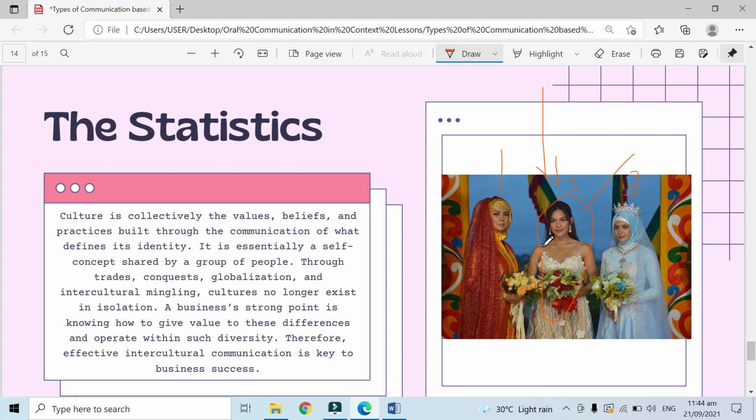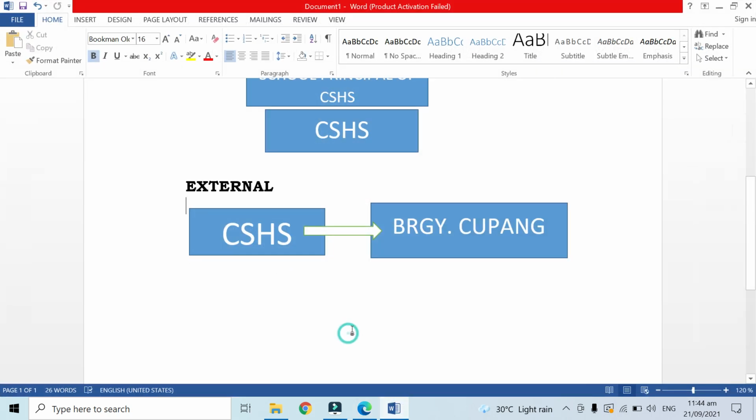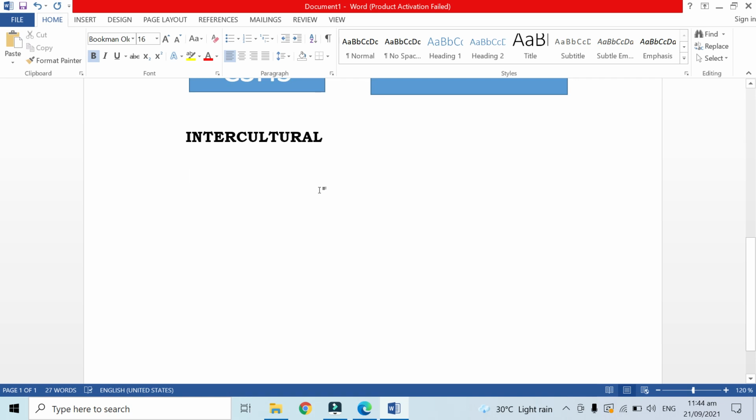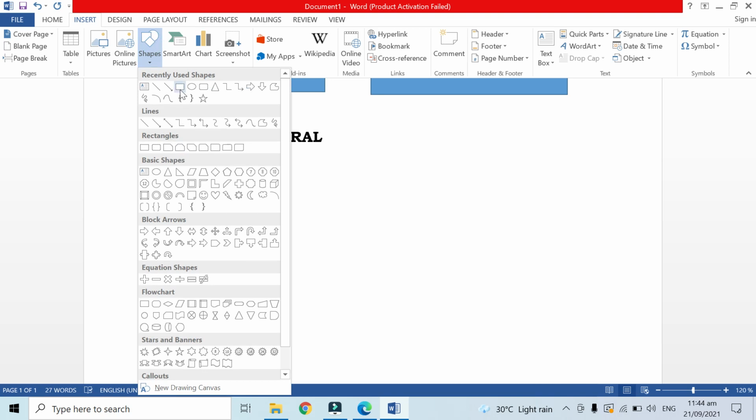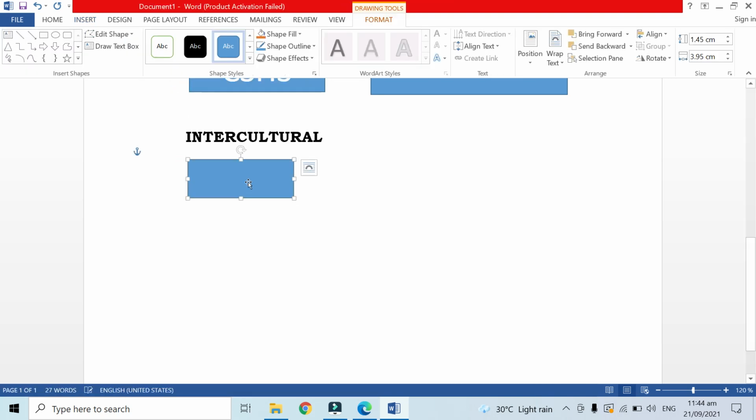In this case, the second wife cannot handle polygyny, or having more than one marriage, which is a culture of the Muslims. Aside from that, some famous examples of intercultural communication is the story of a vendor who is selling isda and another vendor who is also selling.